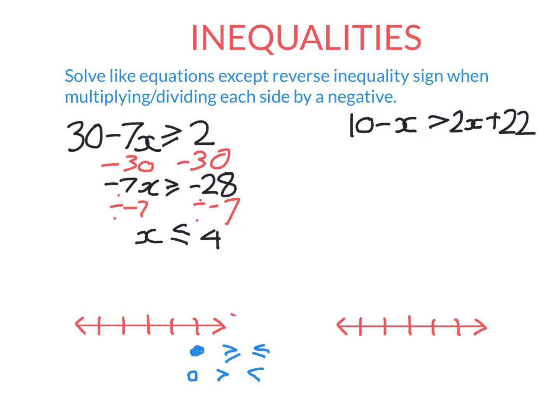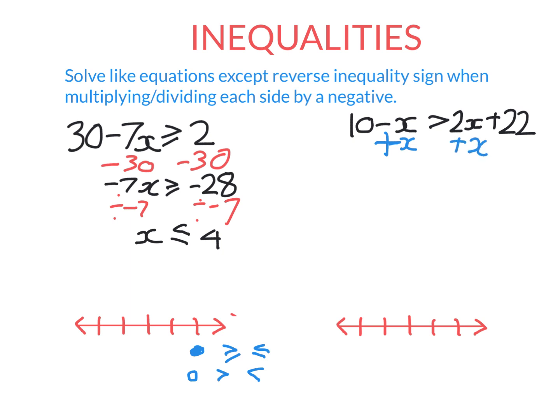All right, let's try this one. We have x on both sides, so your first step is to subtract the pronumeral with the lowest coefficient. This one has a coefficient of negative 1, the lower coefficient. I'm going to subtract negative x from both sides, which is the same as adding x to both sides.